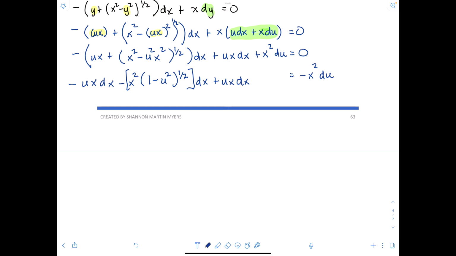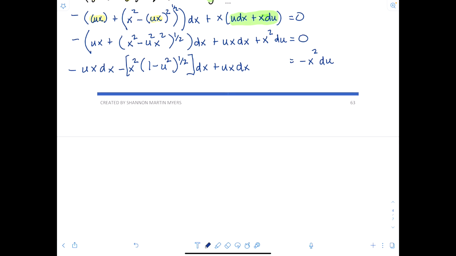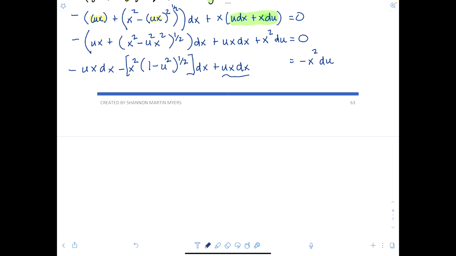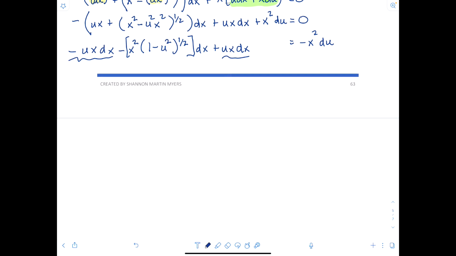Okay, so now x is said to be greater than 0. So if you look at the two terms here, the u times x, we have a positive and a negative, so those are going to zero out, which is nice. And then we'll end up with negative x, I don't need absolute value because I know x is greater than 0, times 1 minus u squared to the 1/2 dx equals negative x squared du.